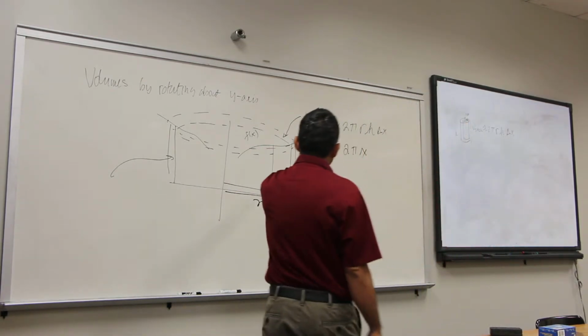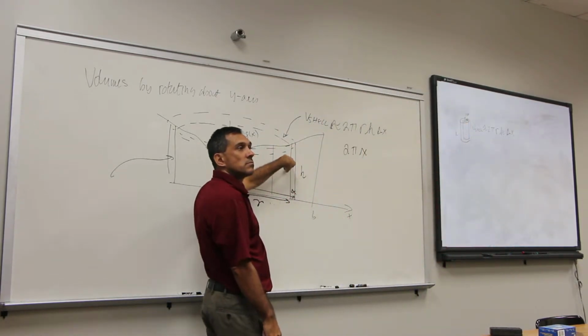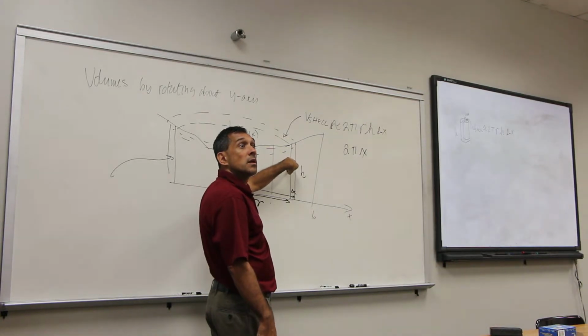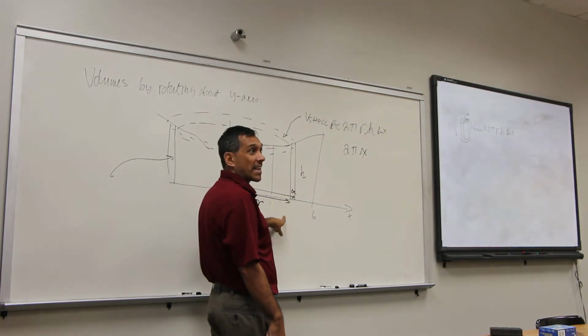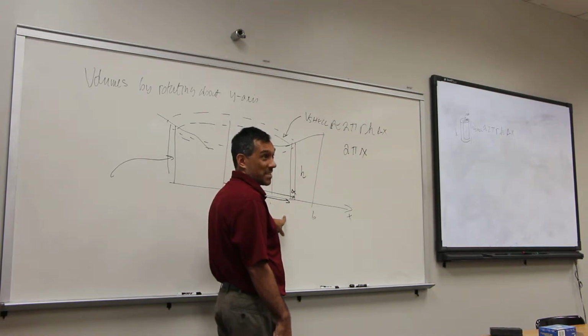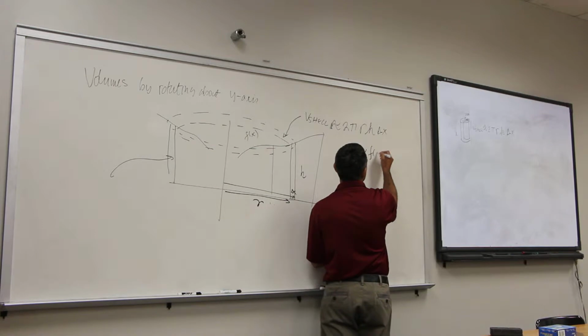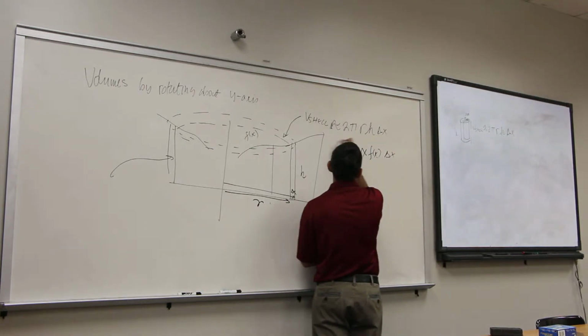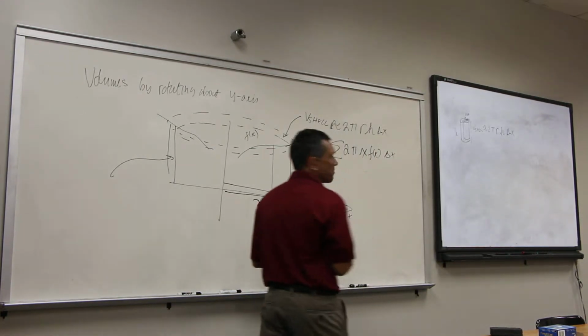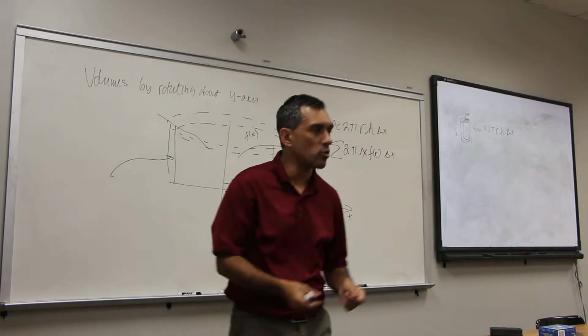What is the height? The height at x. Put the x into the function, multiply by thickness, and add them all up. You will get an approximation to that volume.